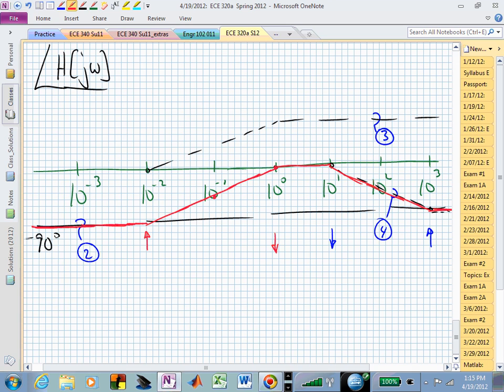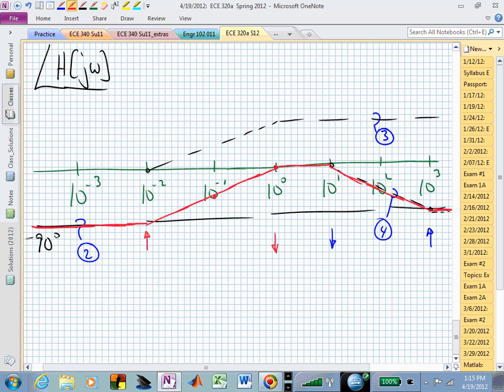Look at this red resulting curve, and ask, does that minus 90 degrees at high frequencies make sense? Well, I have plus 90 due to the zero. I have minus 90 due to the pole at the origin. So those cancel. But I have another minus 90 due to the pole at wherever it was, 100. So yes, I should be at minus 90 degrees at high frequencies.